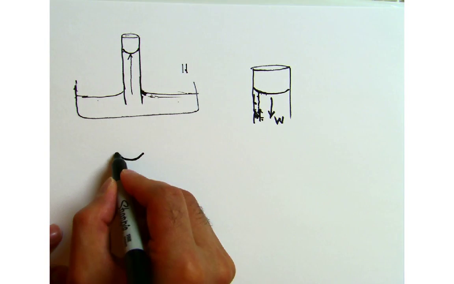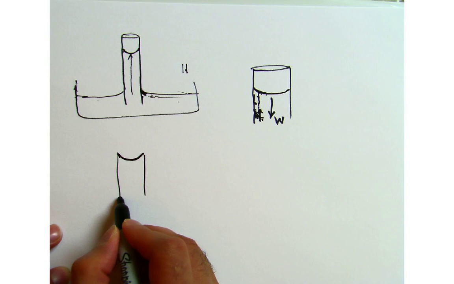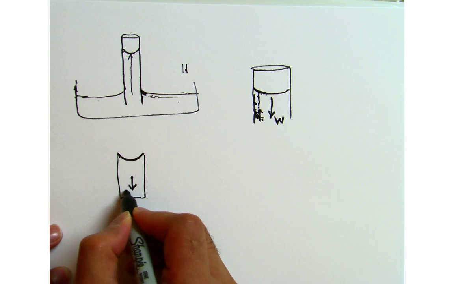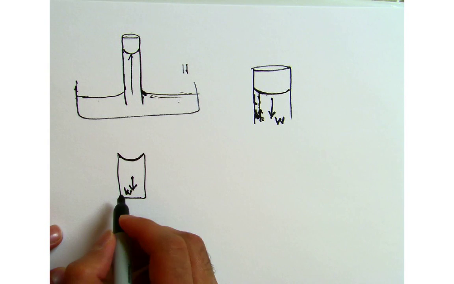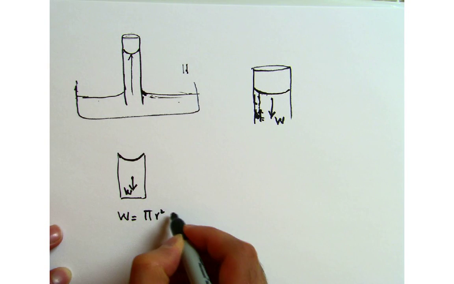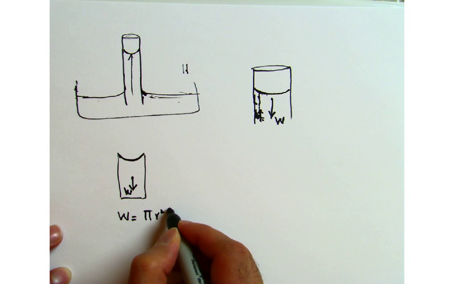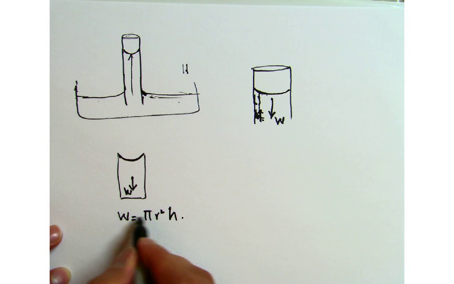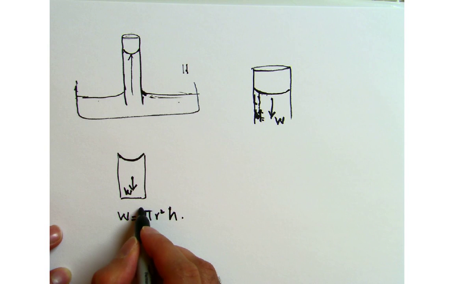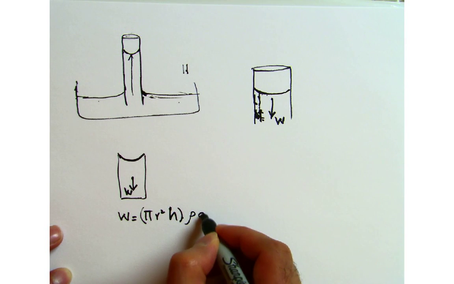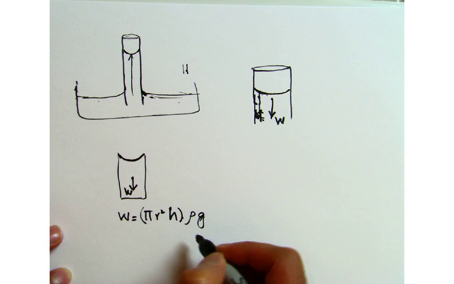This is the amount of liquid we have, and this is the weight of the liquid. The weight is pi r squared h, which is the volume, times gamma, which is rho times g.